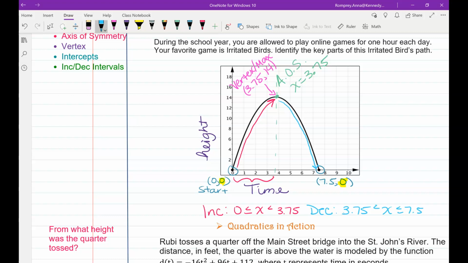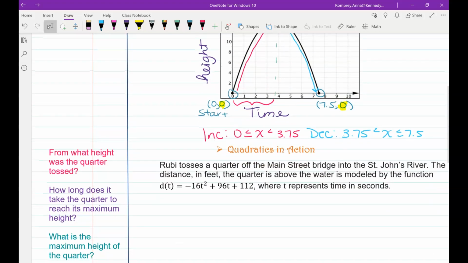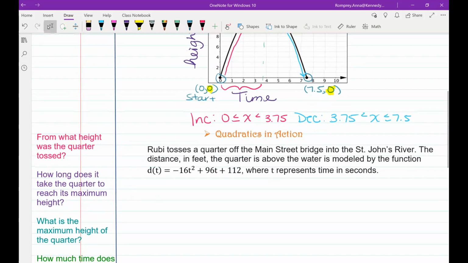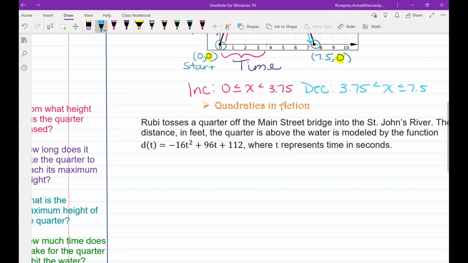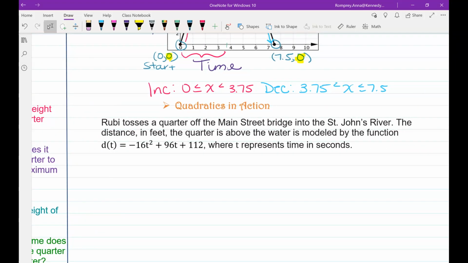Now, what if we don't have a graph to analyze? What if we're just given an equation or a function? Well, let's try it out. So Ruby tosses a quarter off the Main Street Bridge into the St. Johns River. So the distance in feet the quarter is above the water is modeled by the function d of t, the distance after time t, equals negative 16t squared plus 96t plus 112, where t represents time in seconds.